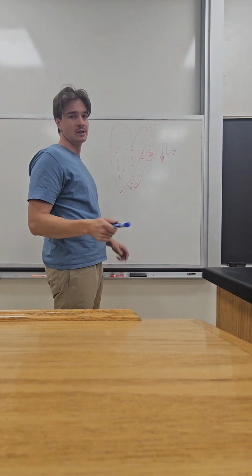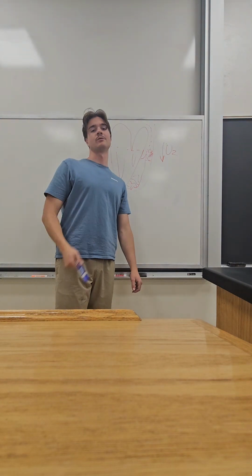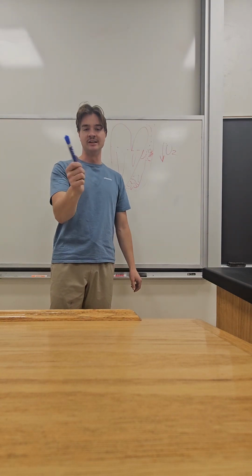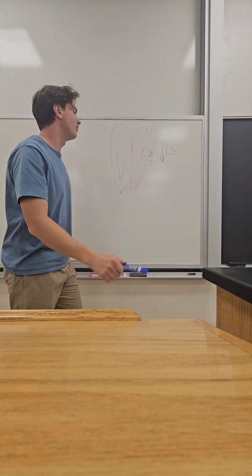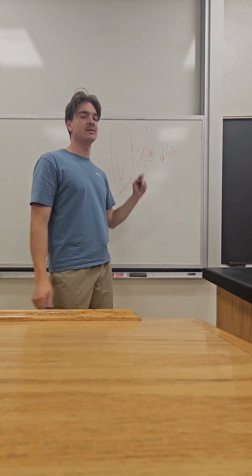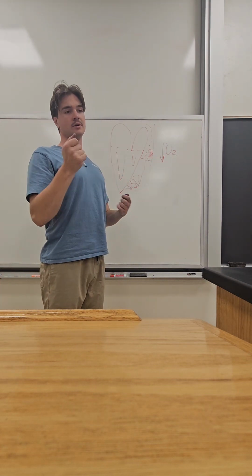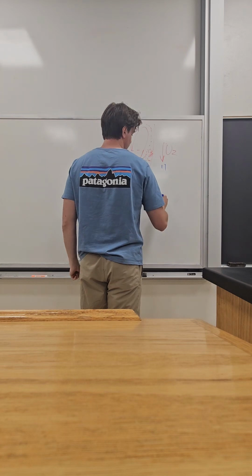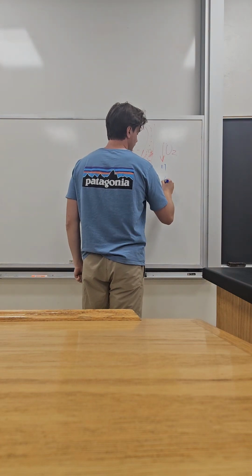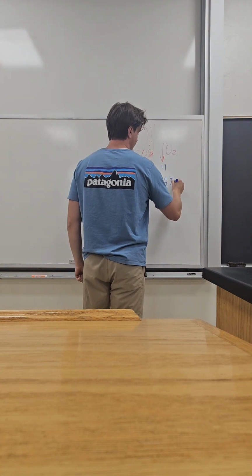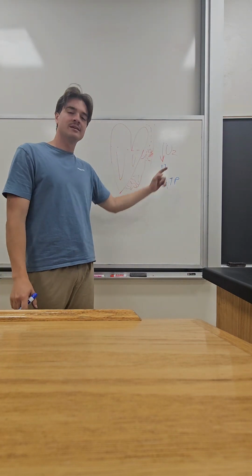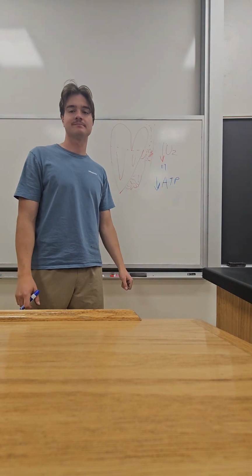Now, if you've ever taken Bio 180 or just breathed, you know oxygen, you need it to live. So what happens when we have a decrease in oxygen? Well, we know that equals a decrease in adenosine triphosphate. And what does a decrease in ATP mean?